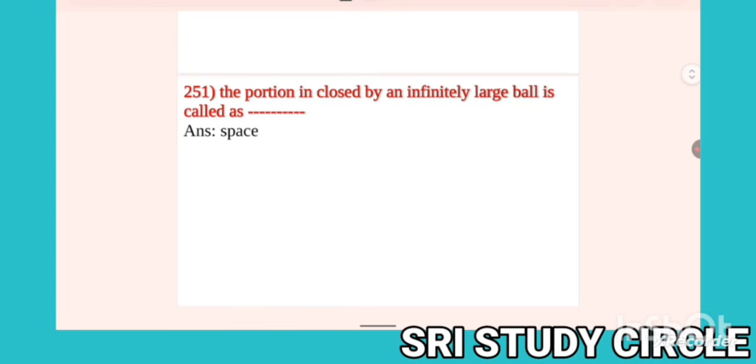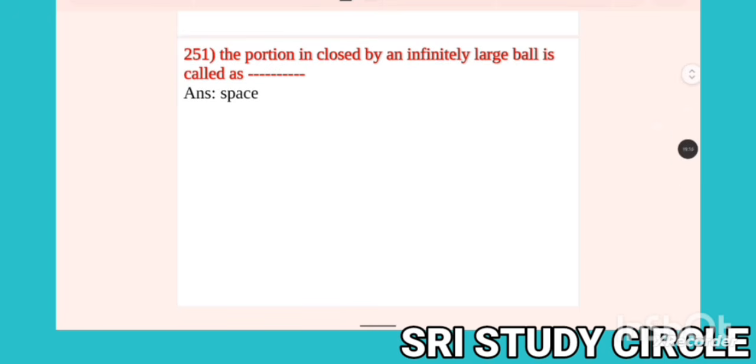The number of endpoints of a ray is what? A ray has how many endpoints here? Only one endpoint. Okay. The portion enclosed by an infinitely large ball is called space. A large ball is known as the space.